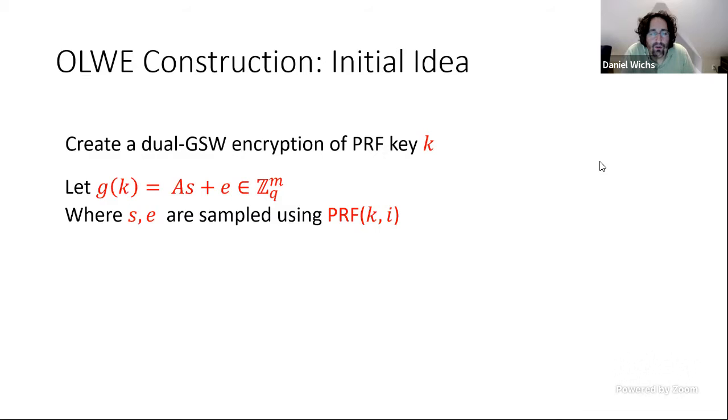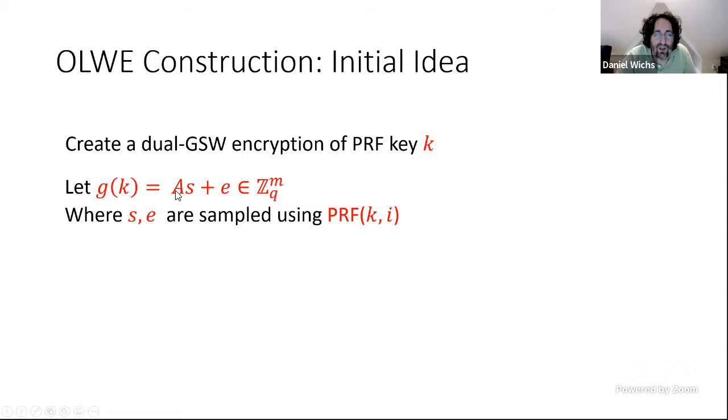And then to obliviously compute LWE samples, we're going to homomorphically evaluate this function G over the encrypted PRF key. So the function G uses the PRF key to sample, and for the ith sample, it's going to call PRF on the key K and the value, the index i. And it's going to use the output of PRF_K(i) to sample some LWE secrets s and e.